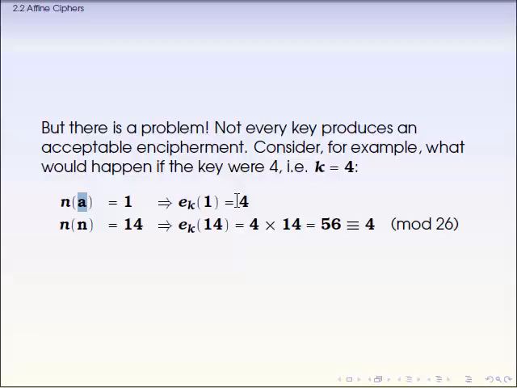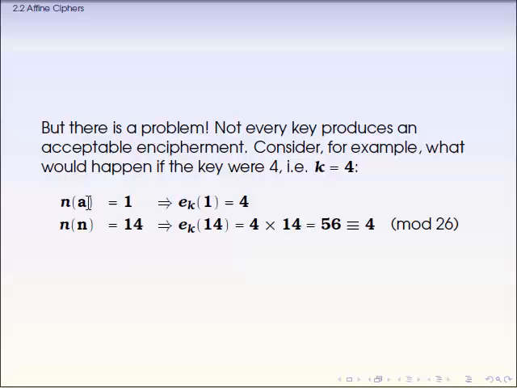So maybe it changes to D or something like that, right? That's for the ciphertext. But for the letter N, the assigned number is 14. If you multiply by 4 there, it changes to 56, which is congruent to 4 modulo 26.